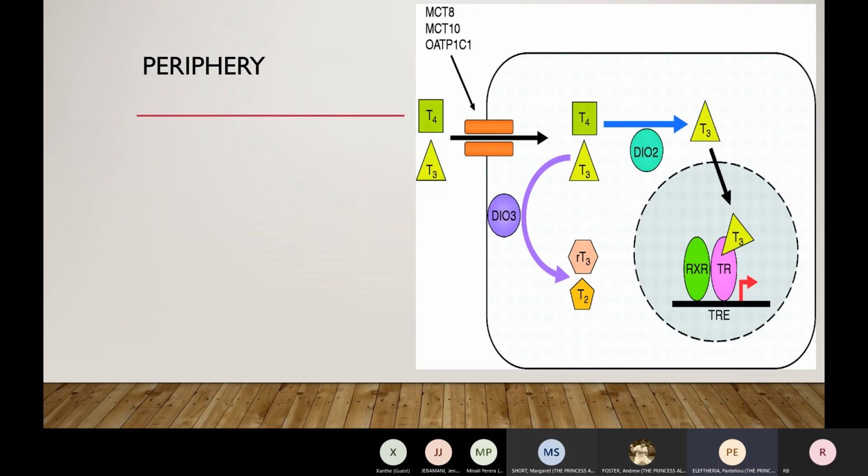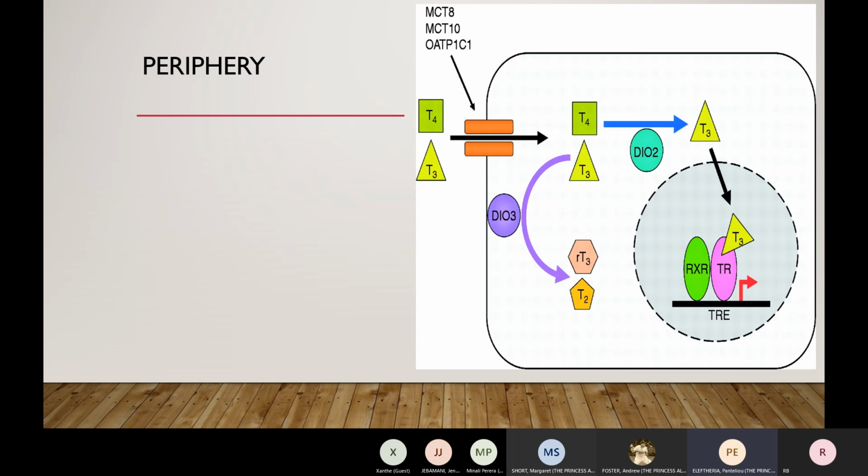When T3 and T4, the free fraction, reach the periphery, the target organs, they have to go through a membrane co-transporter. And within the cytosol, they are either activated from T4 to T3 or deactivated to reverse T3.